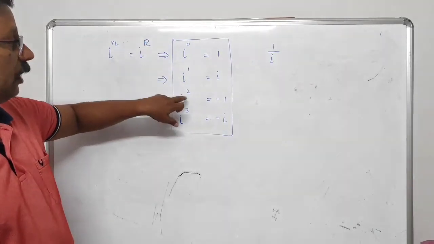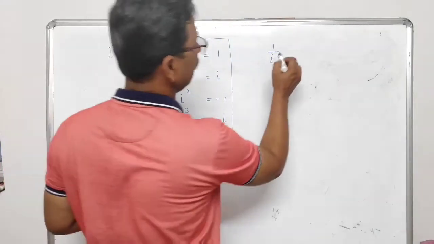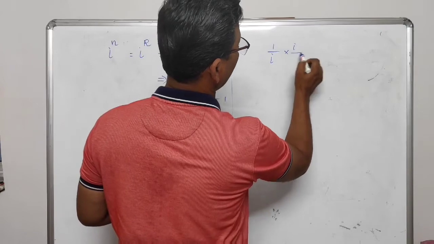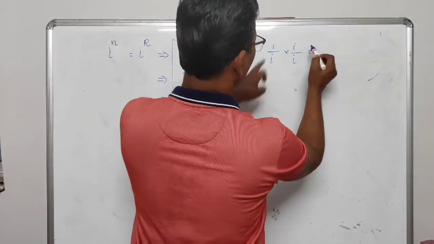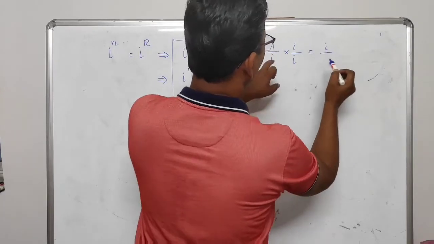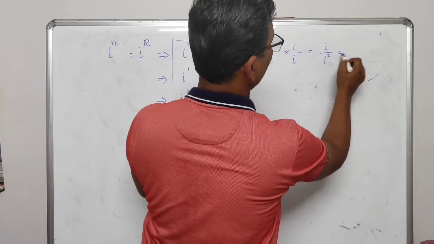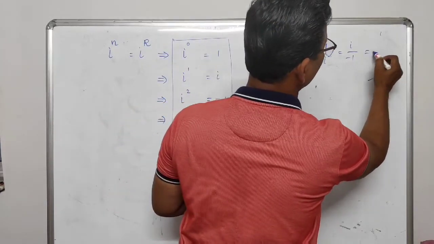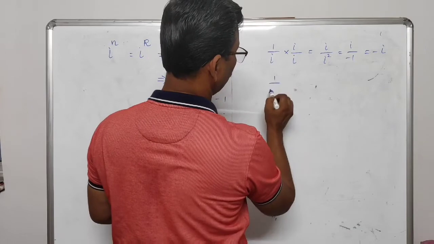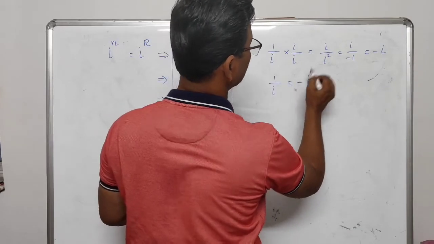You multiply and divide by i. Then you will be getting 1 into i by i square, and i square is minus 1, which gives minus i. Therefore, we can say 1 by i is equal to minus i.